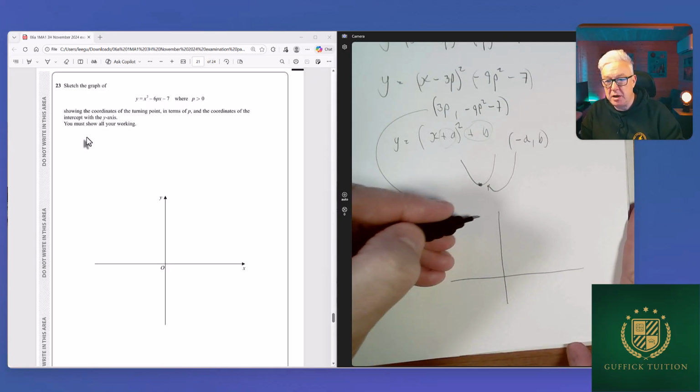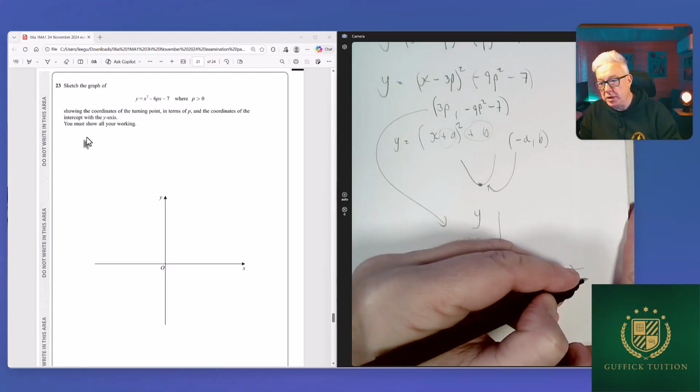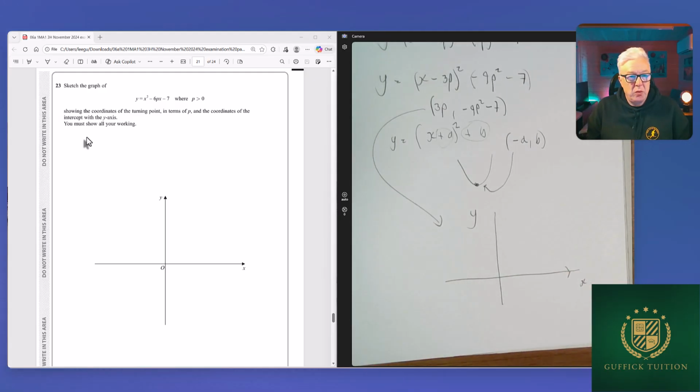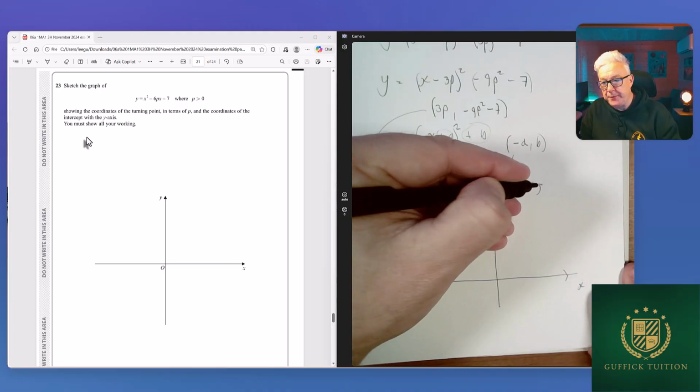We now know the coordinates of the turning point. We're told that p is greater than 0, so that's really good. The other thing we need to know is where it intercepts the y-axis. Now we find out that something cuts the y-axis where x is equal to 0.